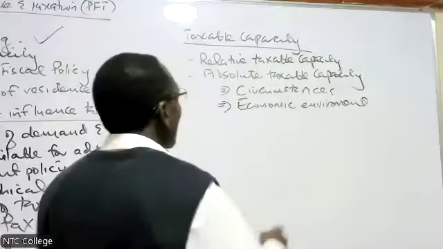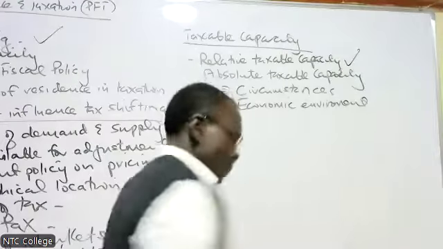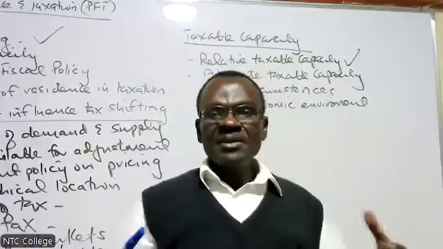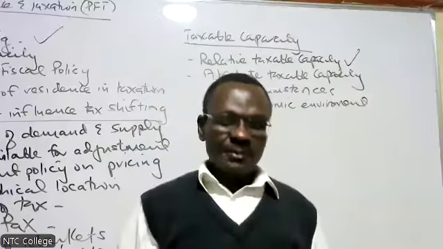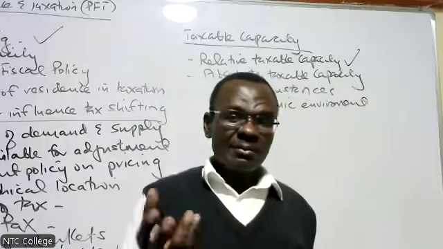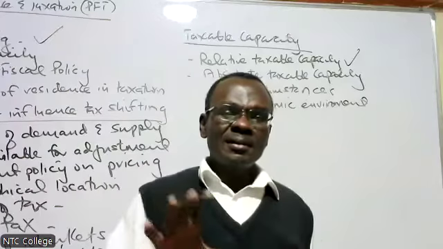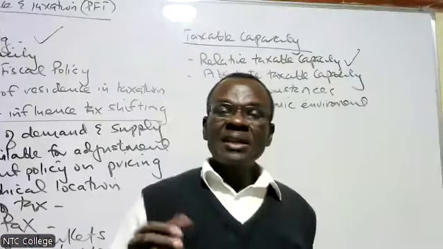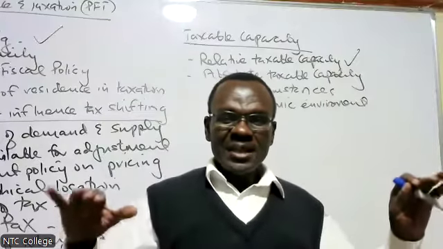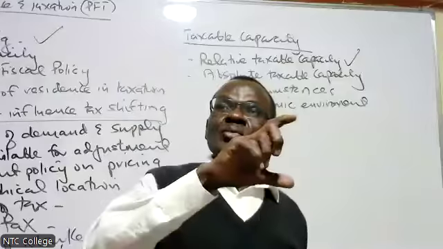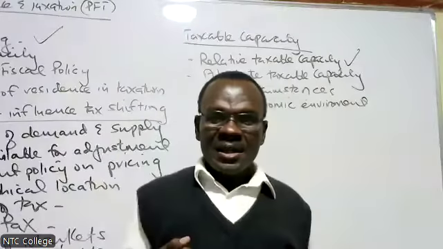What is more common is relative taxable capacity, where the government just decides, relatively, or comparing, what would be the basic level of taxing people so that there is equity, there is fairness, no? Like what should be the minimum salary?